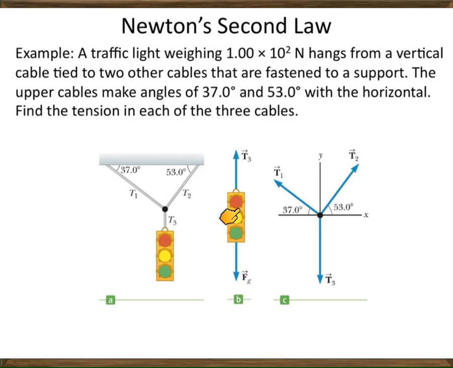One force is pulling the string which is attached to the traffic light. It is upward, and the other force is downward, the weight of the, let's say, traffic light. So this is the free body diagram for one object, the traffic light in question.